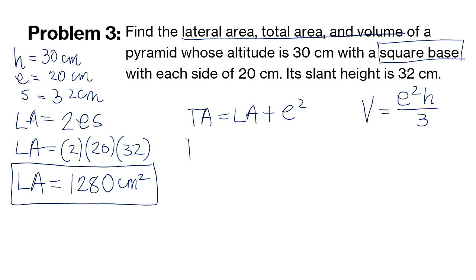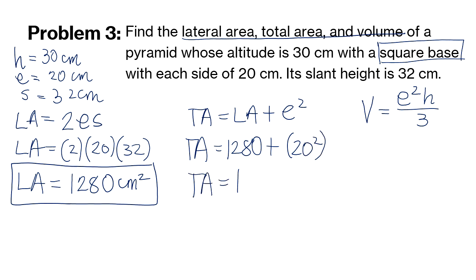For total area, we have lateral area, which we have previously solved. That's 1,280 plus the square of the edge, that is 20 squared. Solving this, we get 1,680 centimeters squared.